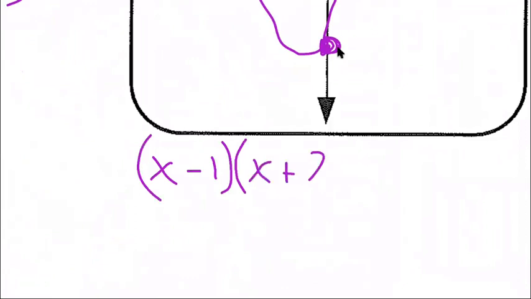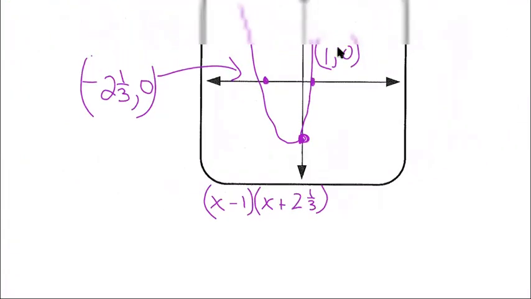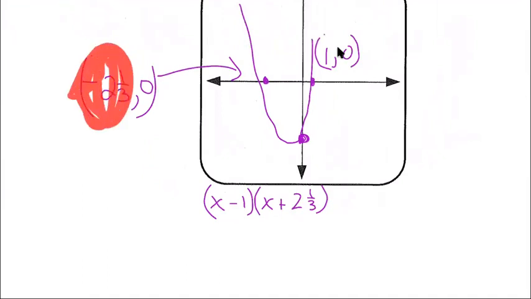So my factors are x minus 1 and x plus 2 1/3. Remember, exact values. And the opposite thing, right? If this is a negative 2 1/3, then my factor here is positive. So I'm putting in a plus 2 1/3.